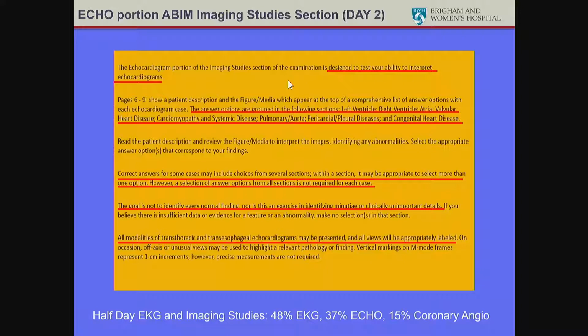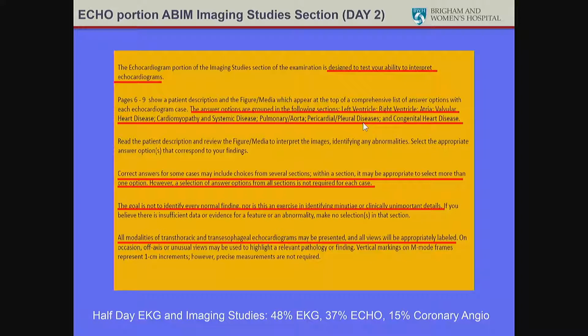So the echocardiographic portion of the imaging studies section of the exam is designed to test your ability to interpret echocardiograms. They will give you a patient description as well as figures and video clips, as well as a comprehensive list of answer options with each echocardiogram case.